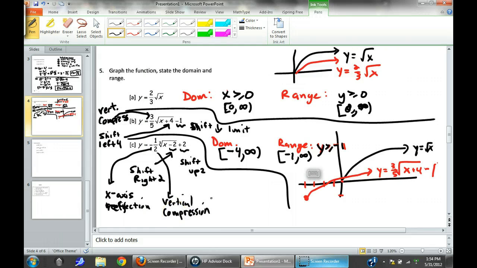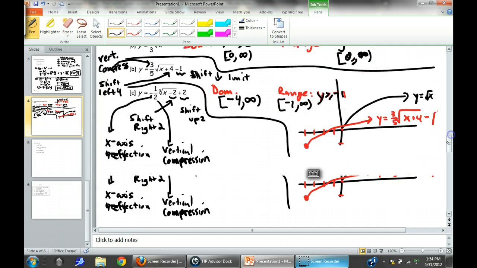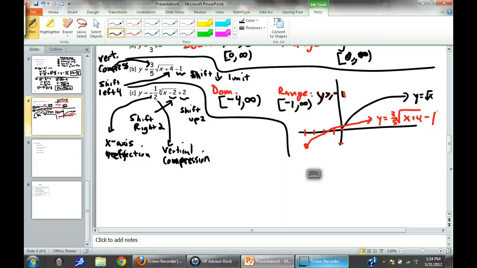Okay, so we have to perform all those at the same time. So it's not a square root anymore. It's a cube root. Different function, a different kind of a graph. Y equals the cube root of x.